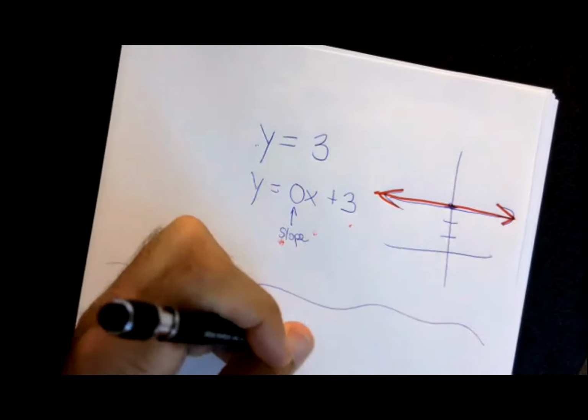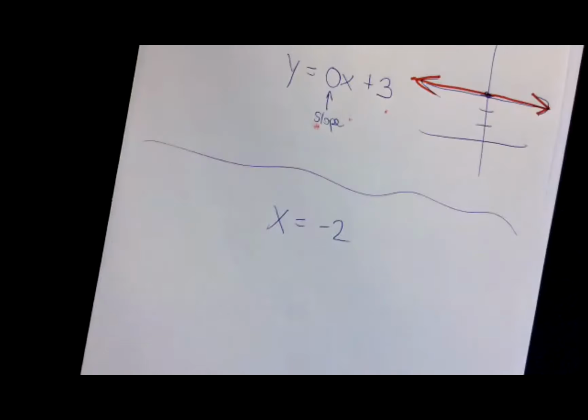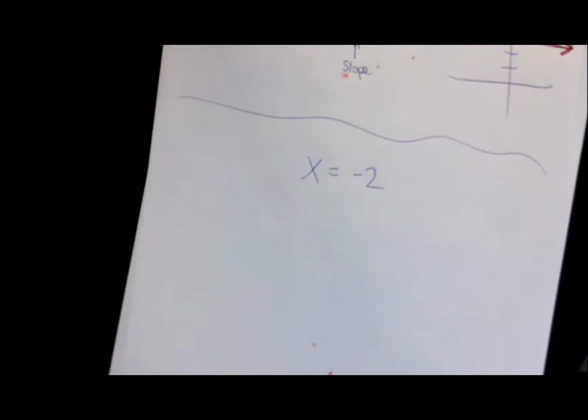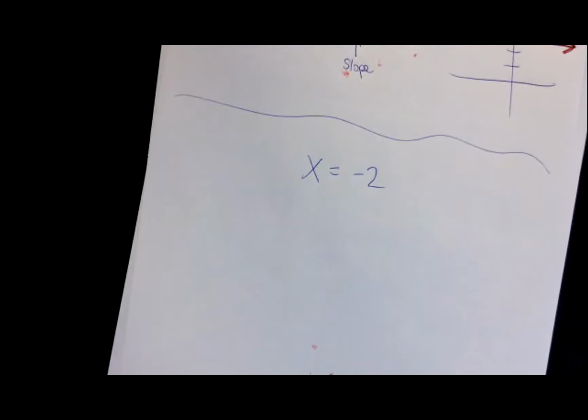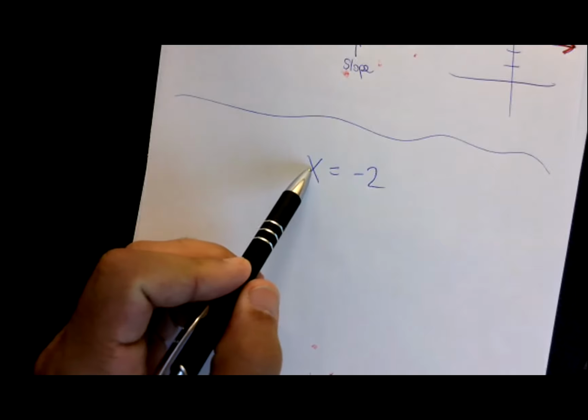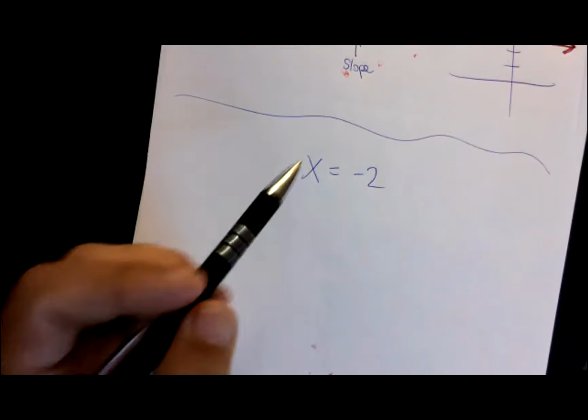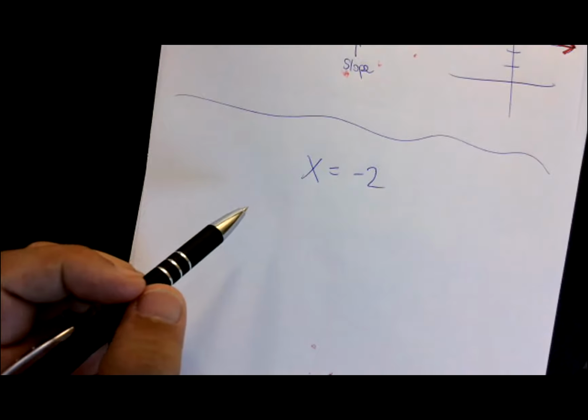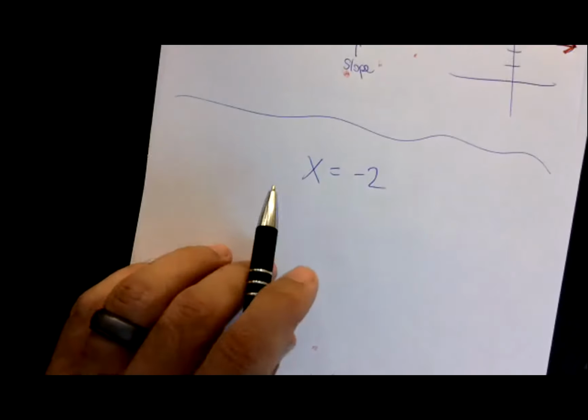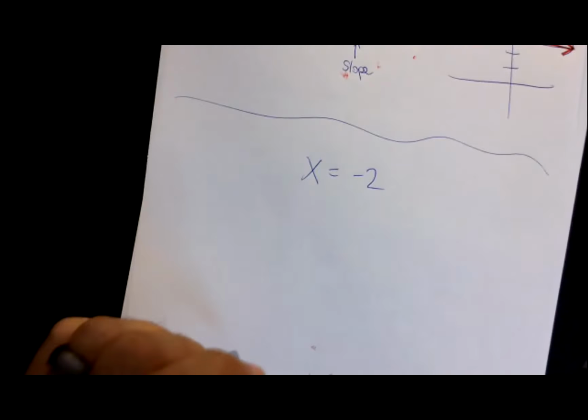This is the one that messes people up. What if they just give you an x equals equation? Wouldn't that be undefined? That would be undefined. So if they just give you an x equals, okay, then how many y's do we have? 0. Remember, slope-intercept form, y equals mx plus b, I got to get y by itself.